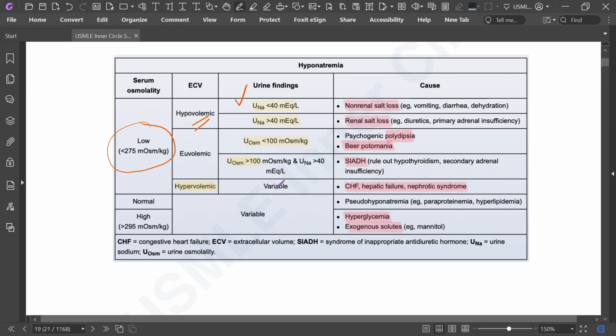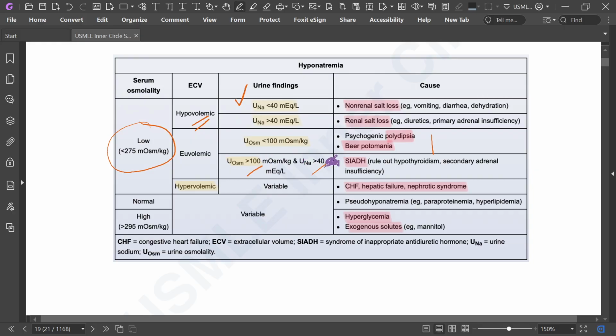If it is euvolemic and urine osmolarity is less than 100, it may be psychogenic polydipsia and beer potomania. If urine osmolarity is more than 100 and urine sodium is more than 40, it is SIADH.